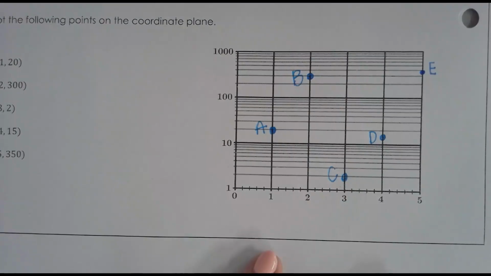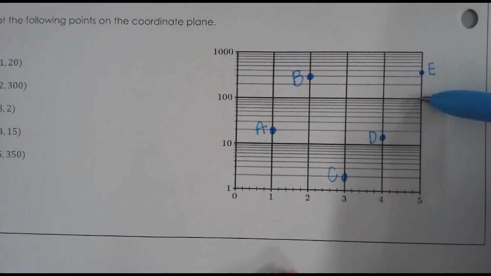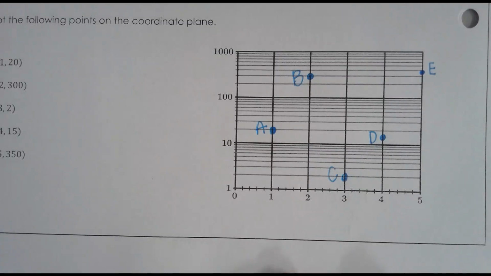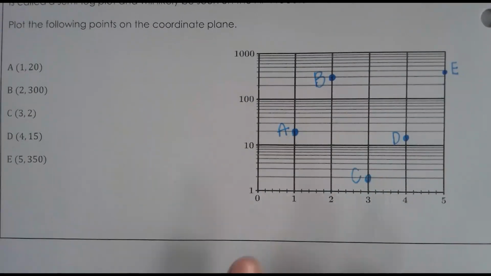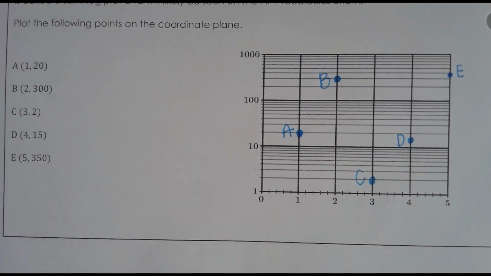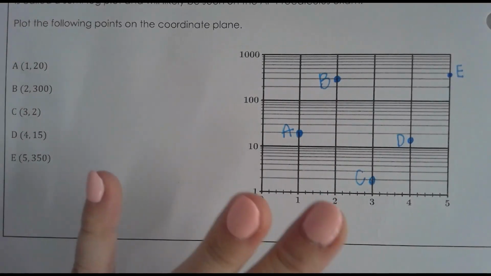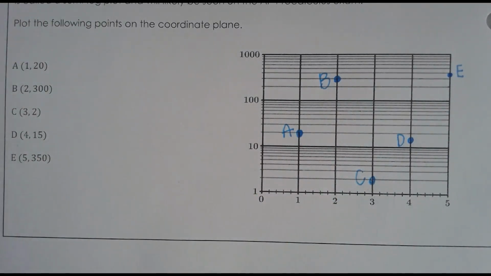Right there. So this bold line is 100, 200, 300. The next one would be 400, so it's between 300 and 400. Those should be fairly easy questions. As long as you remember seeing this graph, it looks confusing, but those should be fairly easy questions.